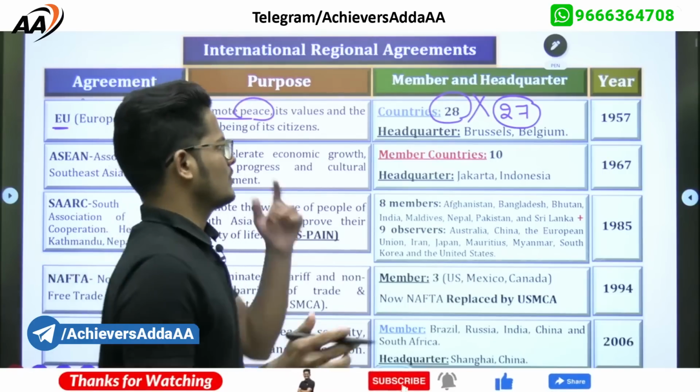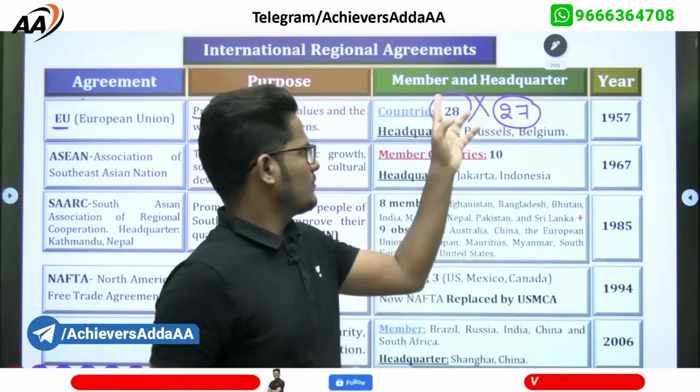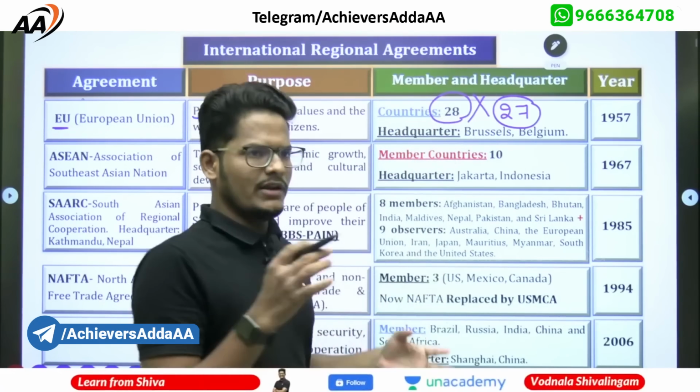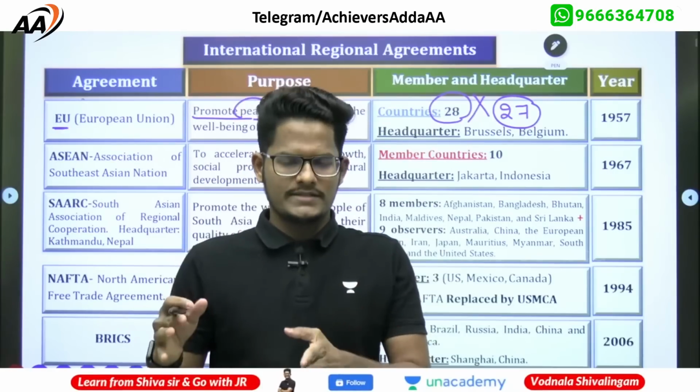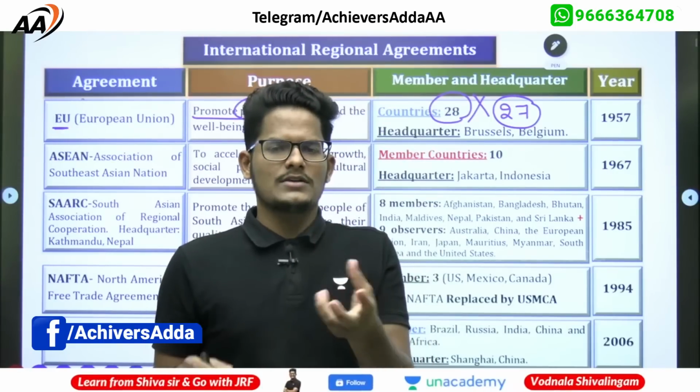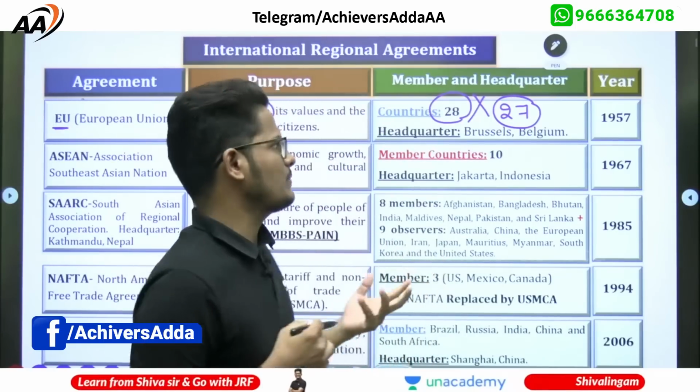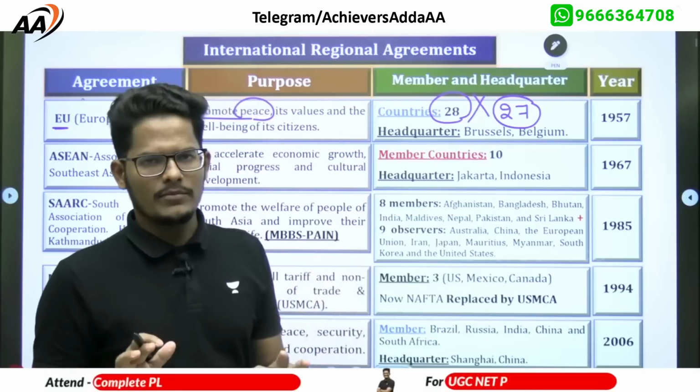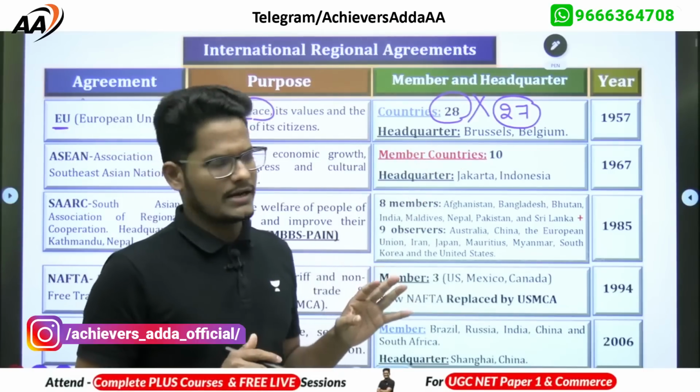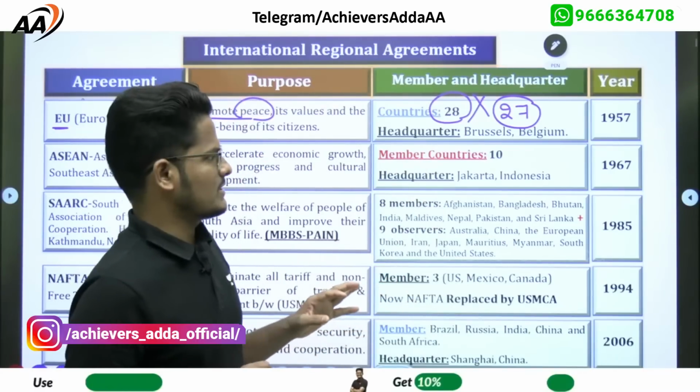Seriously, I thought it was true. So 27 only, because one I wanted to remove. Usually we call it EU plus 27. EU treated as 1, so EU plus 27 will become 28, but usually when they are asking the number of member countries, mark 27 only unless they are specifically asking otherwise.